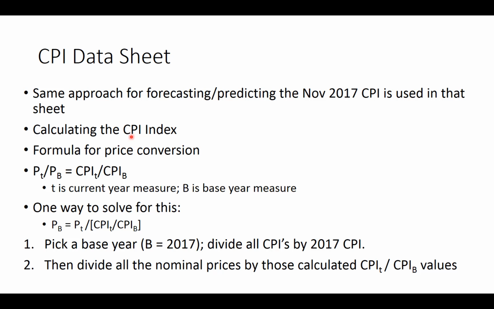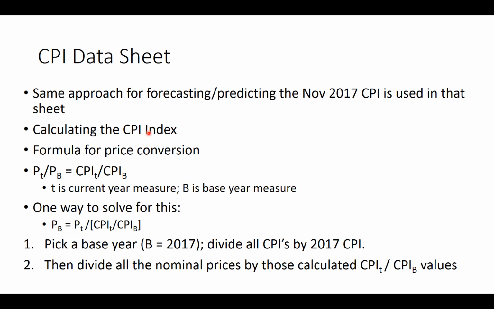But the next thing we have to do is actually come up with, so now that we have all of our data filled in for November 2017 using these predictive values, we have to go back and calculate a CPI index so that we can convert all of our nominal prices to real prices. And so that's where using a CPI index comes in.